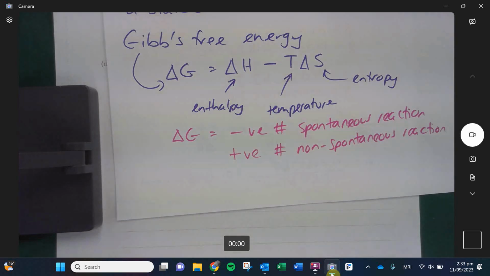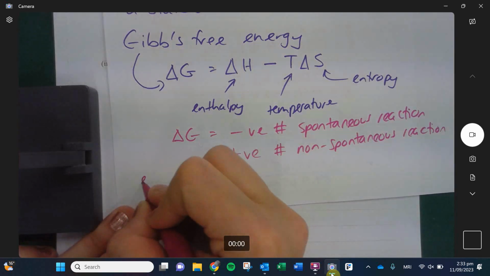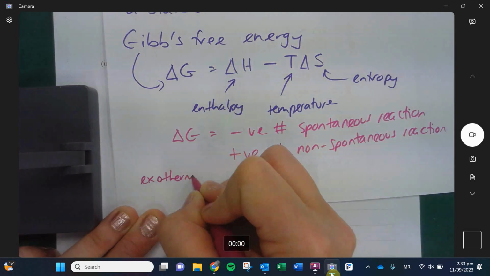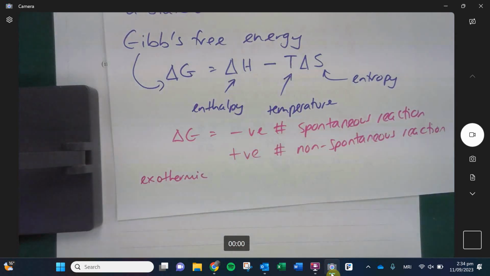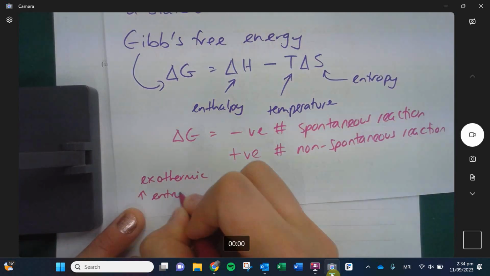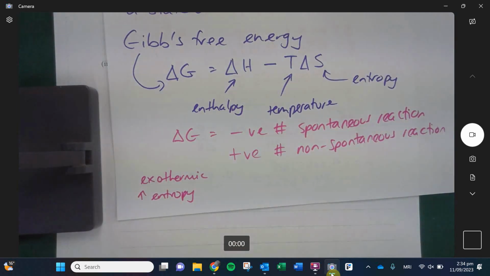right. So depending on the combination of endothermic, exothermic, and the amount of entropy that's going to be increased or decreased, along with the temperature, that's going to decide whether or not you get a positive or a negative number. So if I have an exothermic reaction, and that exothermic reaction increases the entropy, if I have that combination, it will always be spontaneous.